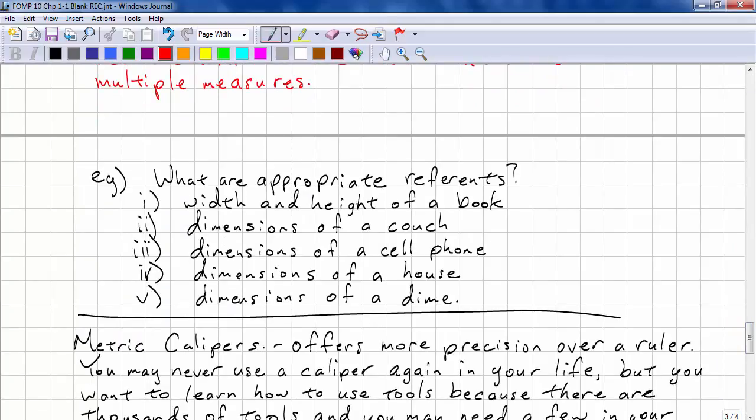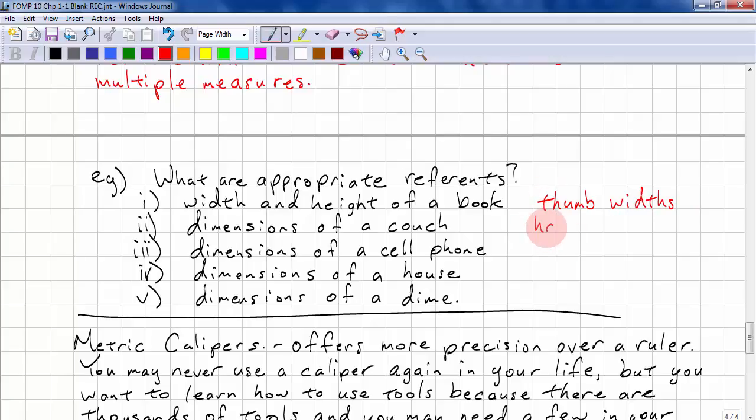What are appropriate referents to measure the width and height of a book? You could use thumb widths. Dimensions of a couch.